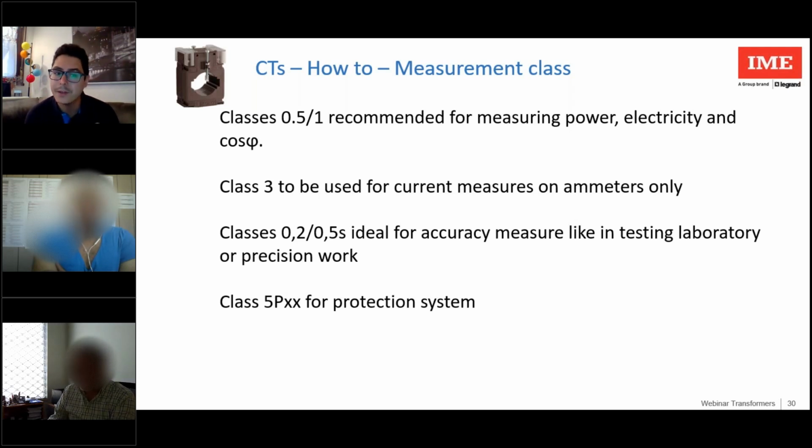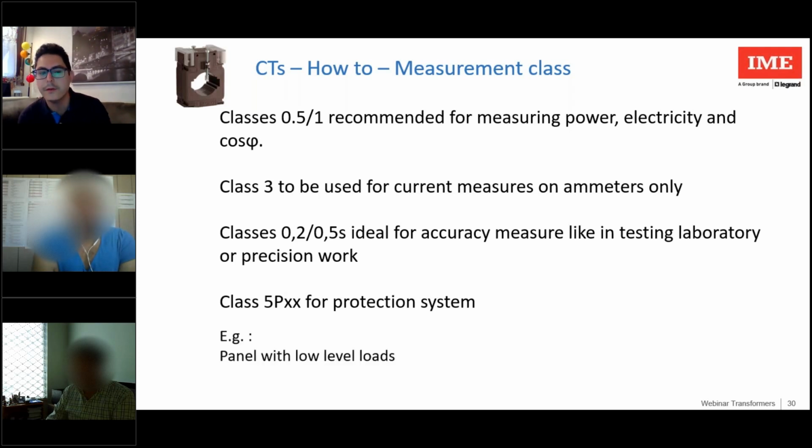Class 3 is used for the current measurement, for a meter like an analogic one. If I need a more accurate measure, I have to choose a 0.2, 0.5s or 0.2s current transformer. If I need to protect my line, my circuit, I use a protection current transformer in 5P class.